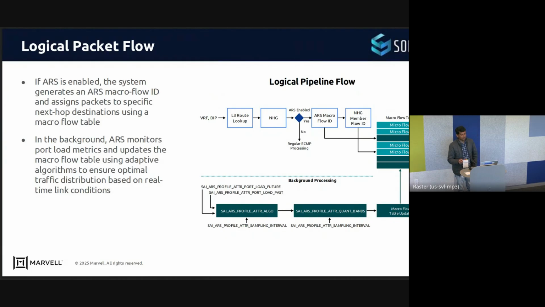So when a user wants to enable ARS on a certain NHG, they need to enable it on the next hop and also the interfaces. I'll be covering those in the further slides.